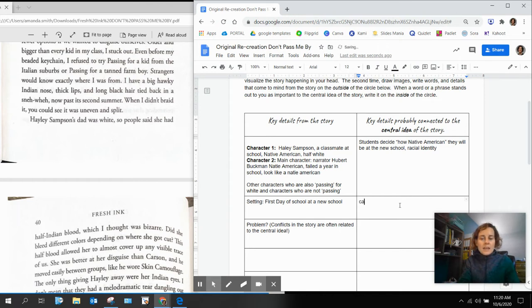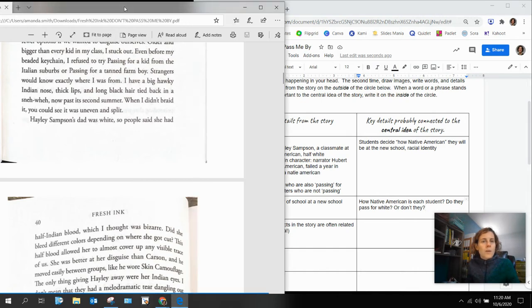So the central idea seems to be how Native American is each student? They are talking about their identity. Okay.